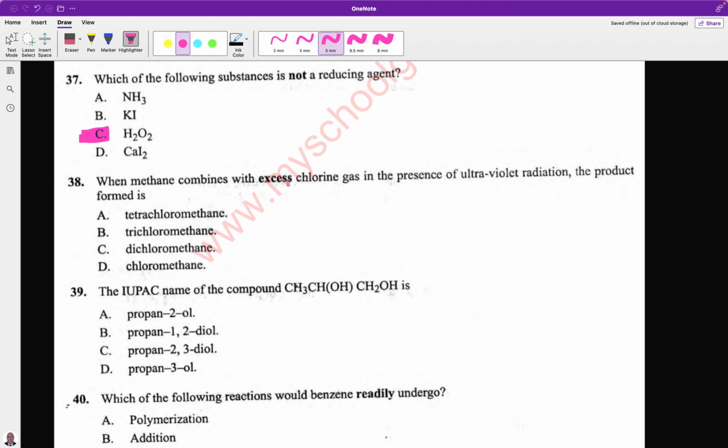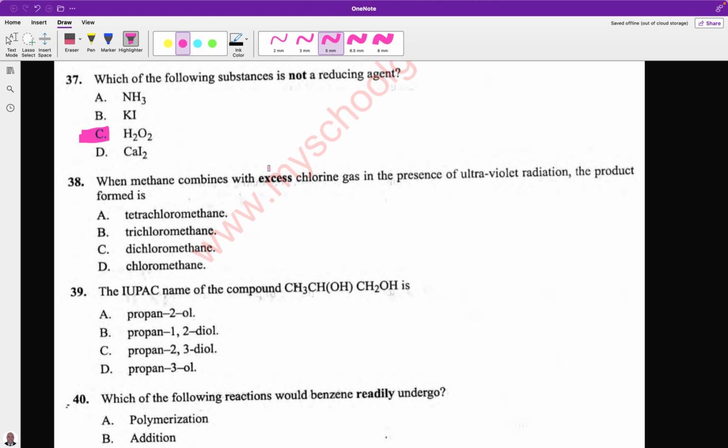When an alkane reacts with a halogen, for example chlorine, under UV light, which acts as a catalyst, there's going to be a substitution reaction. The chlorine is going to substitute the hydrogen in the alkane until all the hydrogen have been completely substituted. And for the hydrogen to be completely substituted, there must be excess of the halogen.